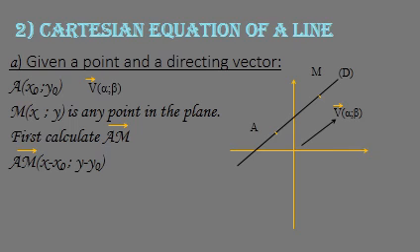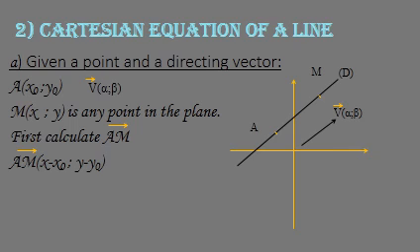And the second thing we learned about is to find the Cartesian equation of a line. So there are two forms, the parametric equation and the Cartesian equation. Now the Cartesian equation, the first case, if you have a given point and a directing vector. As you see in the figure, we have a point A that belongs to the straight line D and a directing vector v.